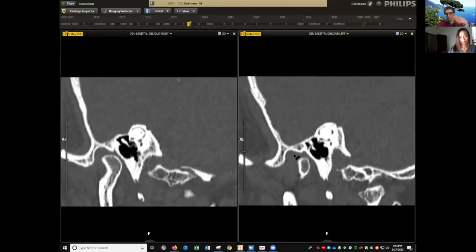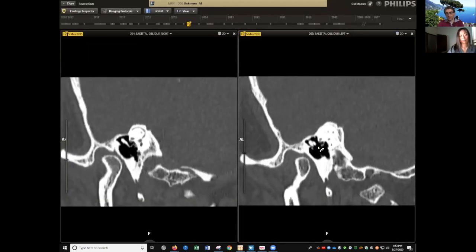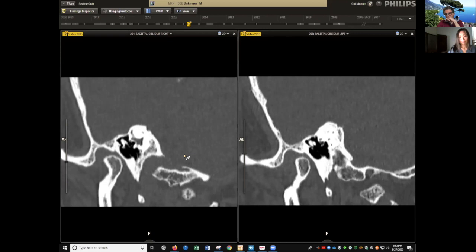In this case, it's not just the lenticular process, it's also the long process. So this is a much more striking example, but just something to be aware of. All right, so now moving on to our next case.